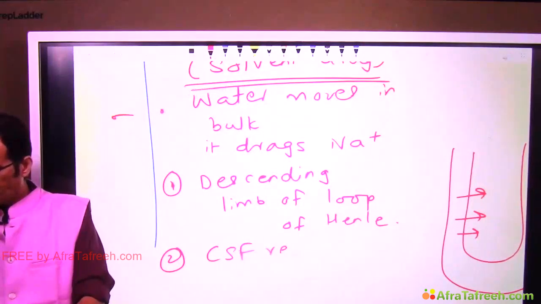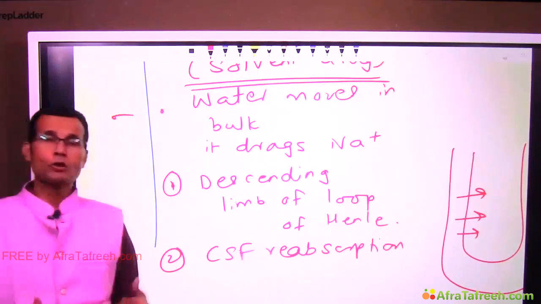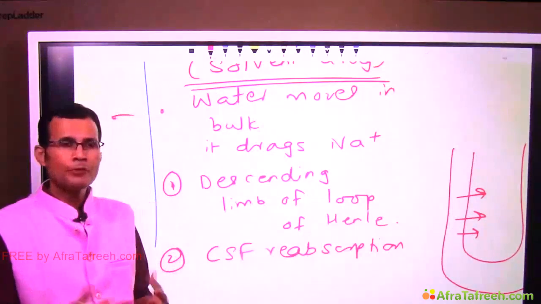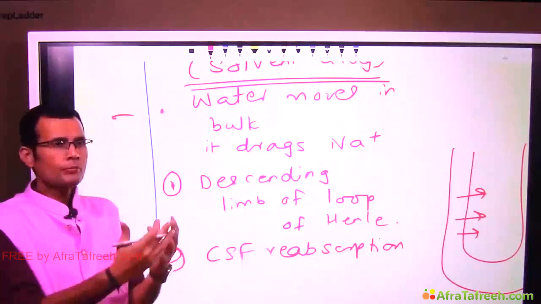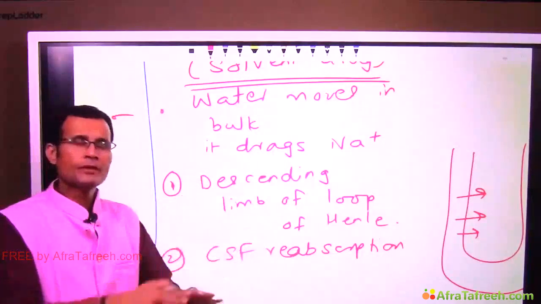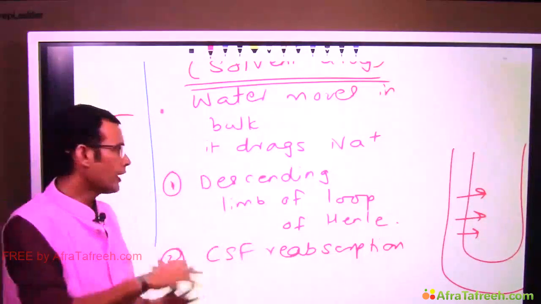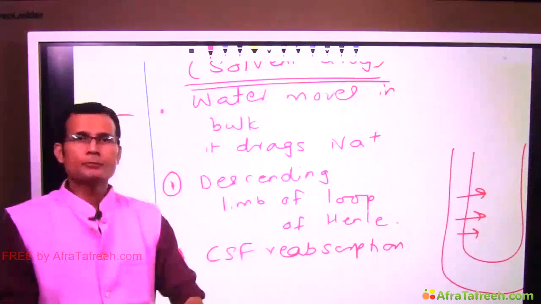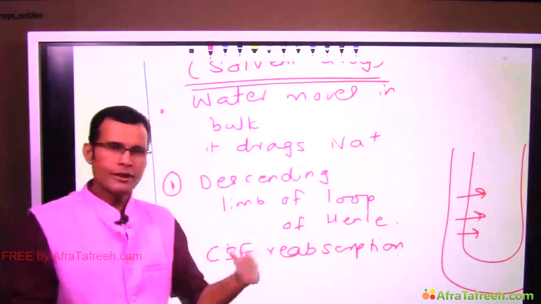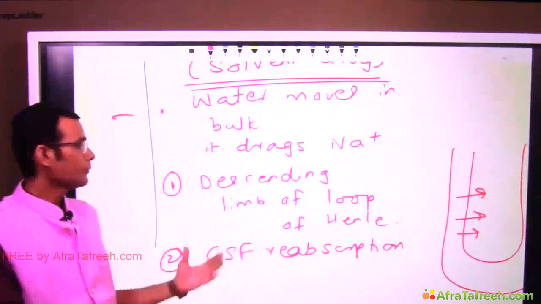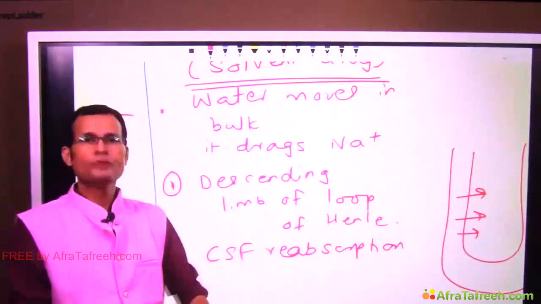CSF reabsorption, another example of solvent drag. When CSF is formed and then it comes into the subarachnoid space and then it's going to be absorbed on the arachnoid villi, water is absorbed, or let's say reabsorbed, and some sodium also moves along with the water.